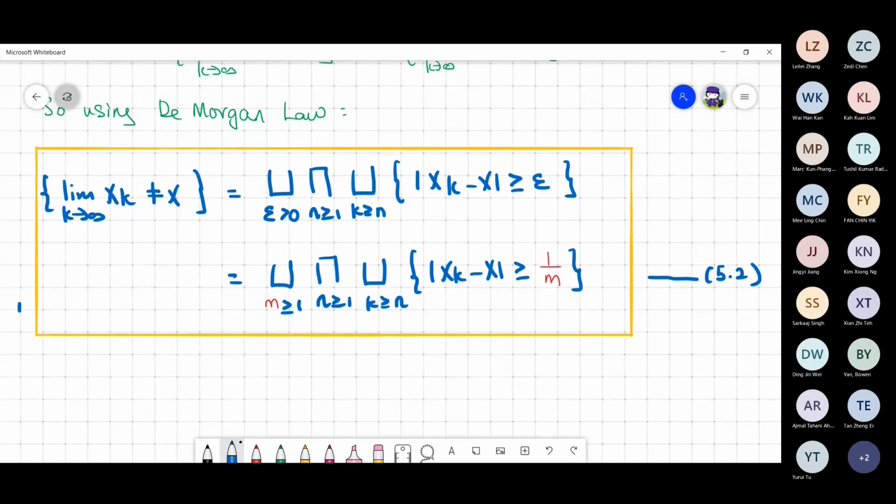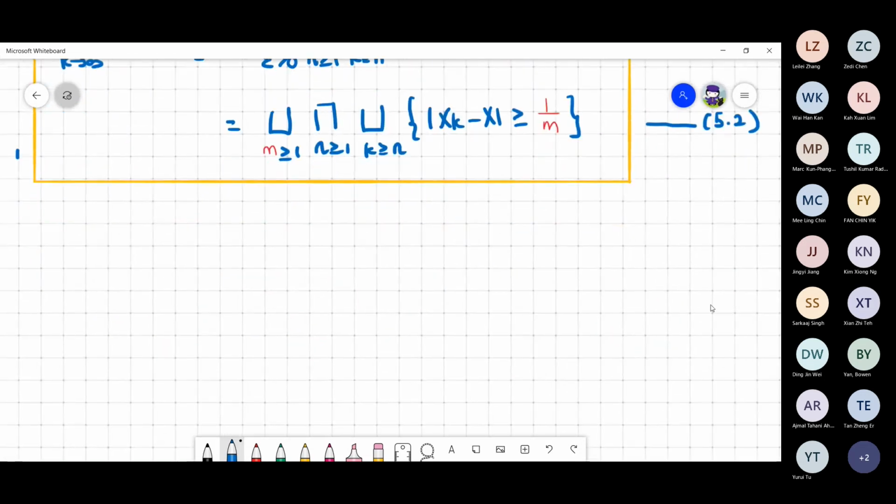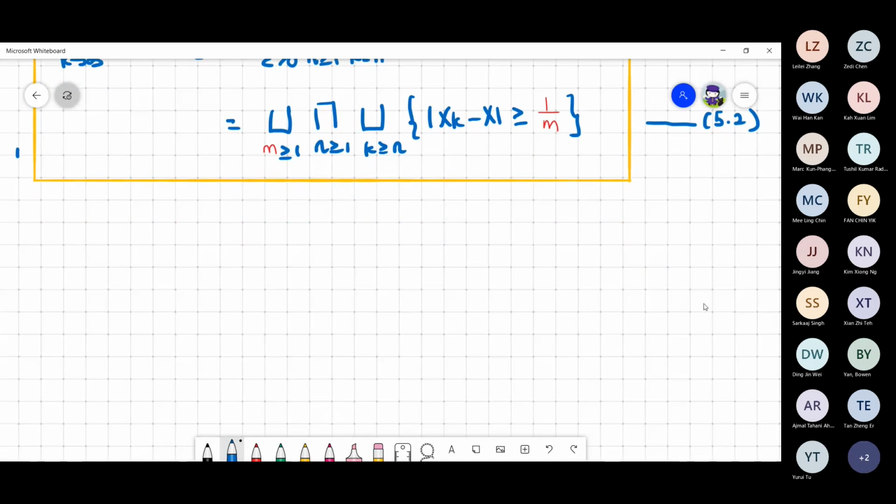Also, remember this, recall from a previous lecture, I can't remember which lecture, I have discussed this before. So if you have this one, the union of K, okay.